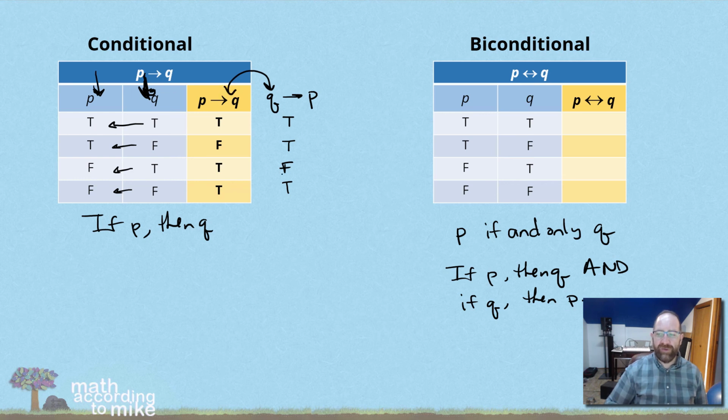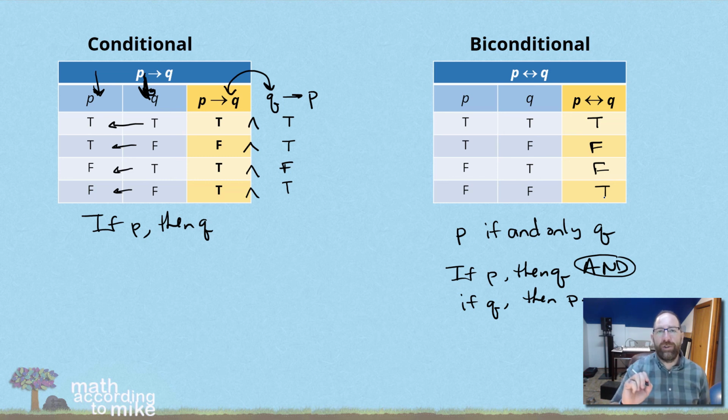Okay. So now we're going to AND these two columns. And if we AND these two columns, boop, we'll create the biconditional. So true and true is true. False and true is false. True and false is false. True and true is true.